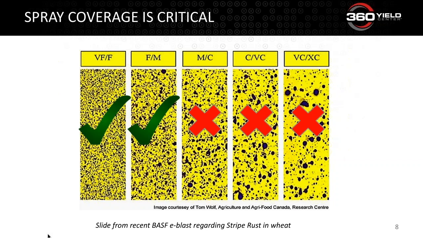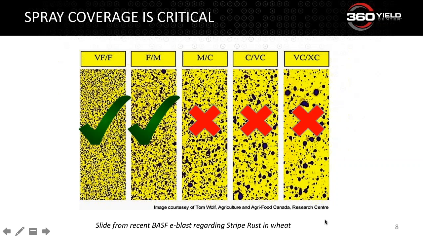So as BASF is out talking about spraying their fungicide products in wheat, you'll see that they have this picture, which is basically, and I don't know how they did it, I don't know if that's water sensitive paper or whether they put dye and just sprayed it on yellow paper. But I really like looking at these because it'll give you a nice visual for when we talk about a very fine or fine nozzle droplet. What does that look like? If you were out spraying through the field as you're going, if you had a piece of paper out there, that's what that would look like.